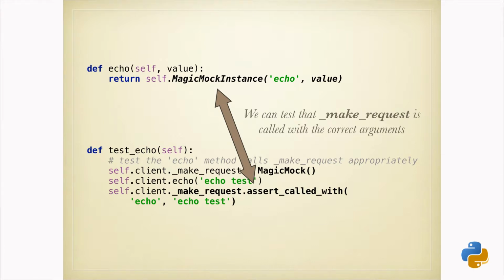So in our test case, we can then assert that the magic mock instance is called with the parameters that we expect it to be called with. So in this case, we're testing that make request is called with echo as the first argument and echo test as our payload. So that way, we can verify that the echo function does what it says it does.